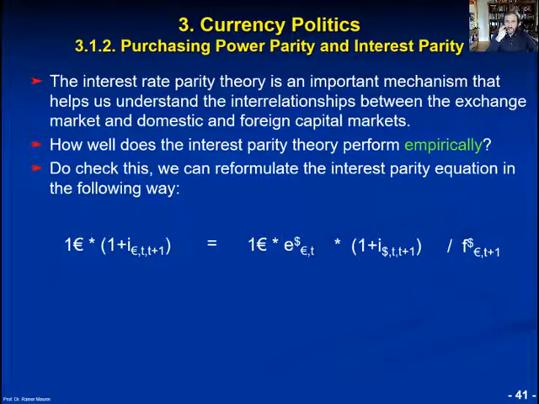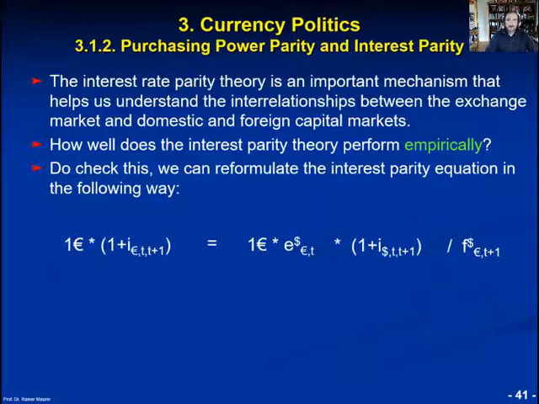Transaction costs are less important on international capital markets since, for example, capital transactions typically cause no transportation costs, because these transactions are registered today by online booking systems. So from this point of view, the interest parity equation should hold better than the purchasing power parity equation, where transportation costs played an important role.